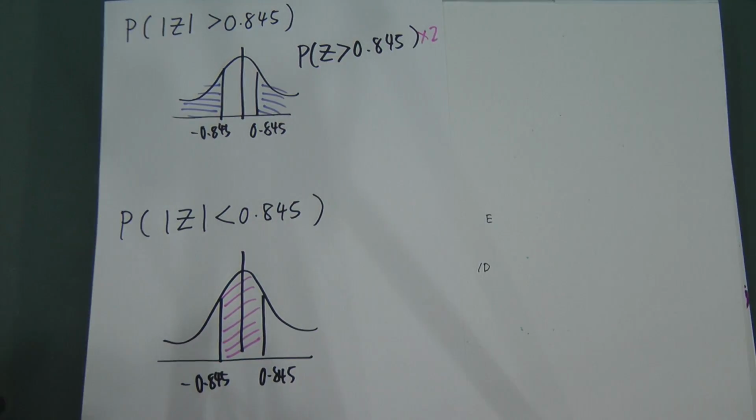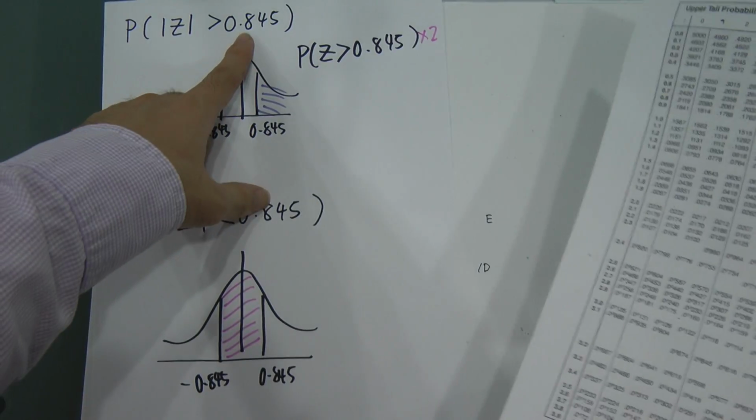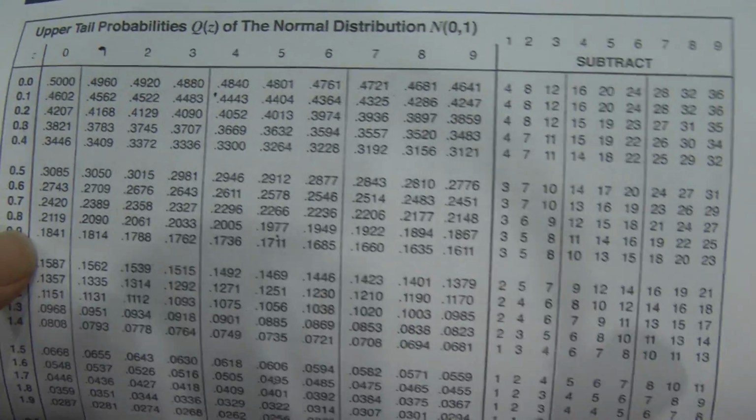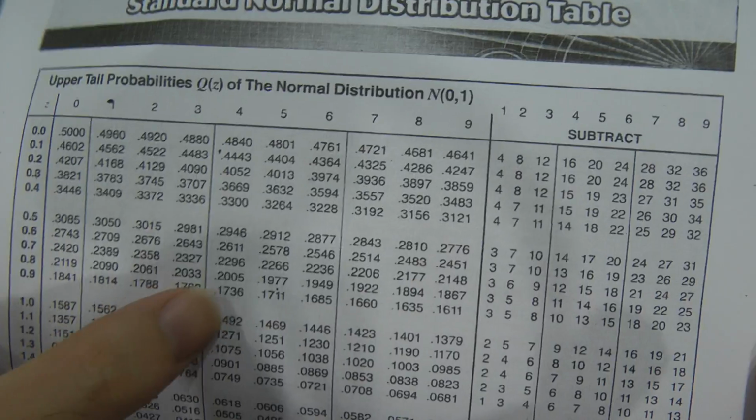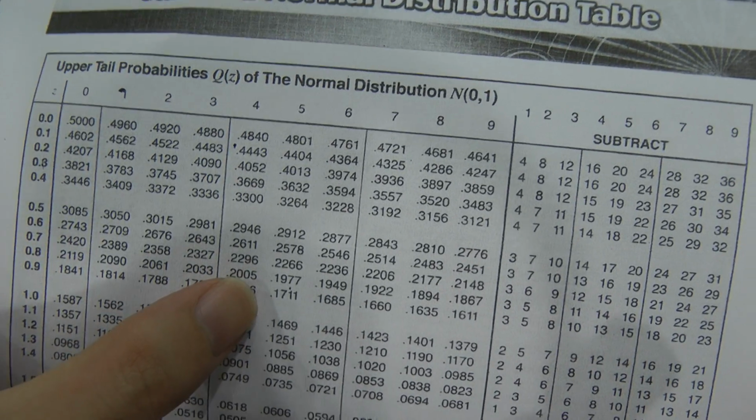So I find the standard normal distribution table. This is 0.845, so I find 0.84. Where is the 4? This is the 4 and 5.